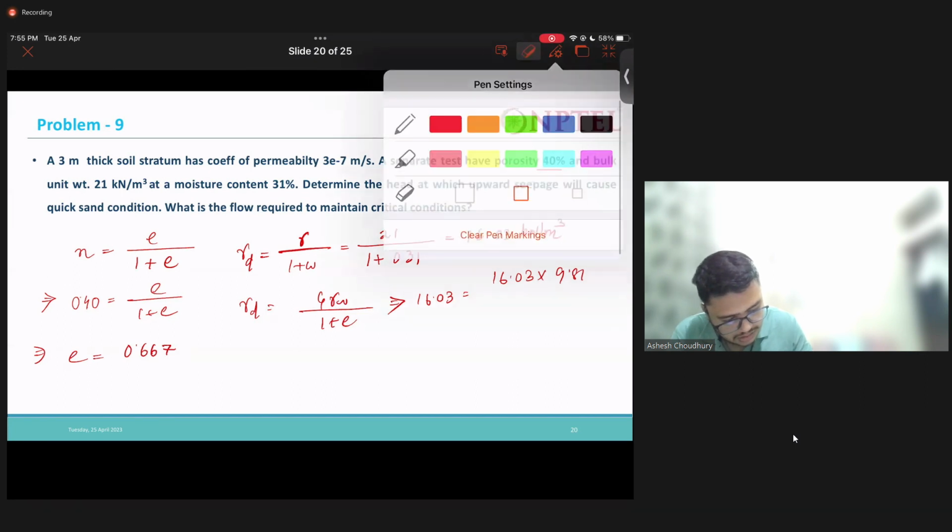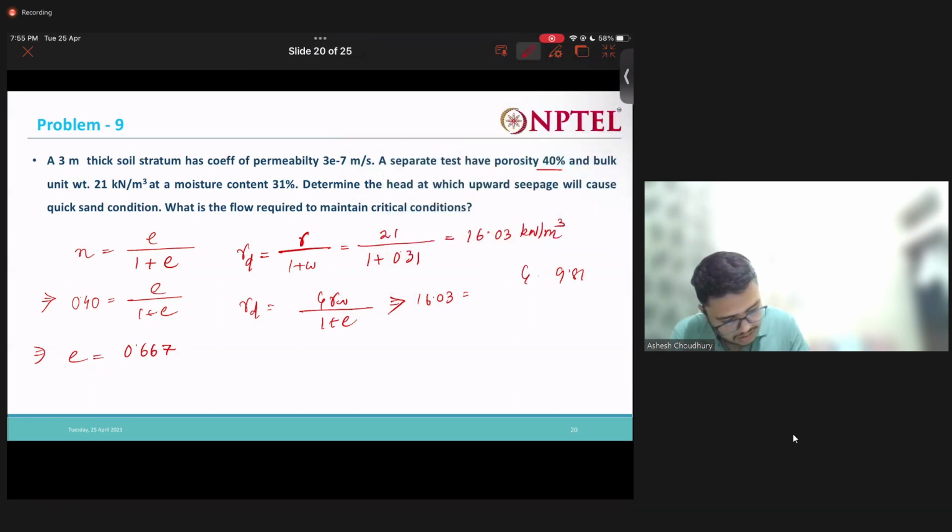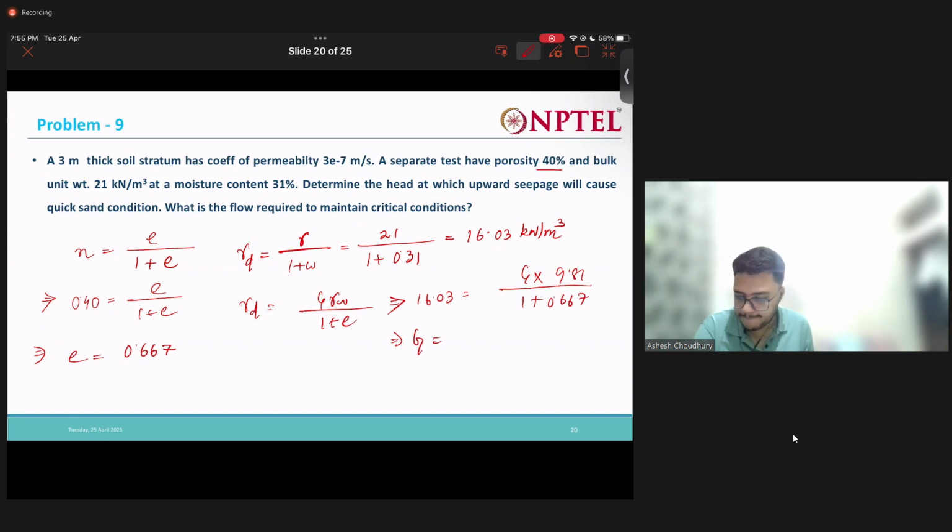Can we find out G from here? 2.72. 2.7. Okay.